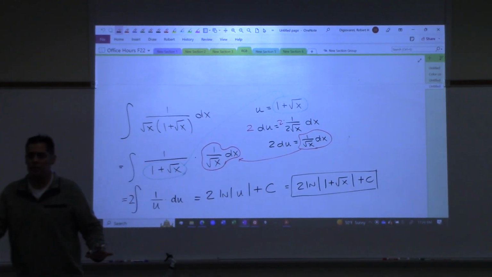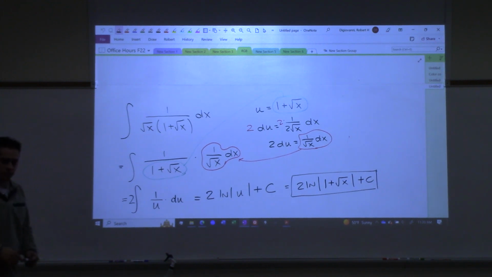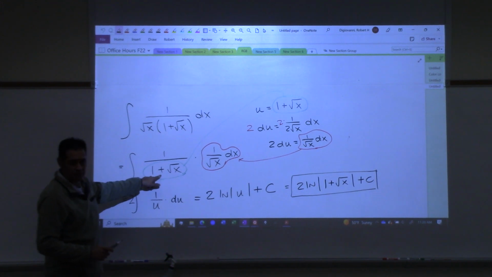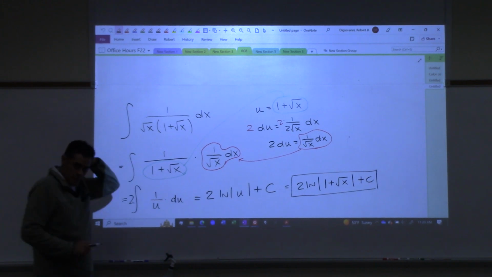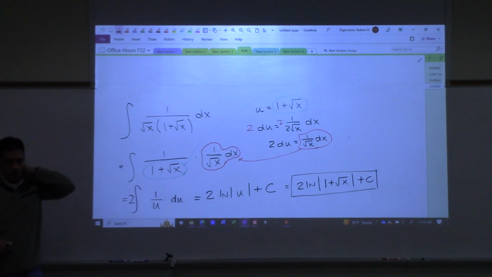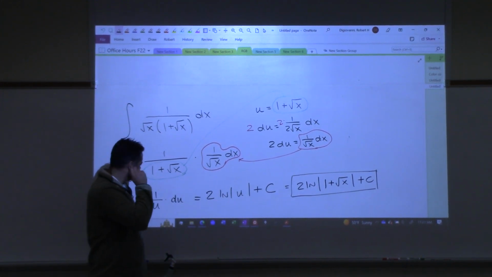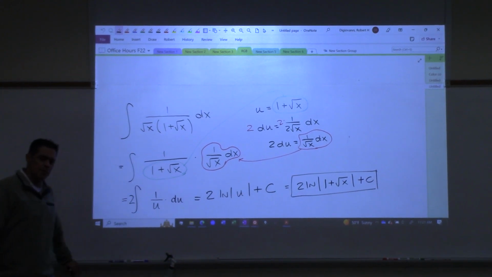Any questions or anything? Yes. So it's a little bit random, but I've been wondering, like on the denominator, not originally, when we made it 1 plus square root of x, are you allowed to look at sums and differences individually? You know how with limits, if you had a limit of two things that you were adding, you can do them each one.